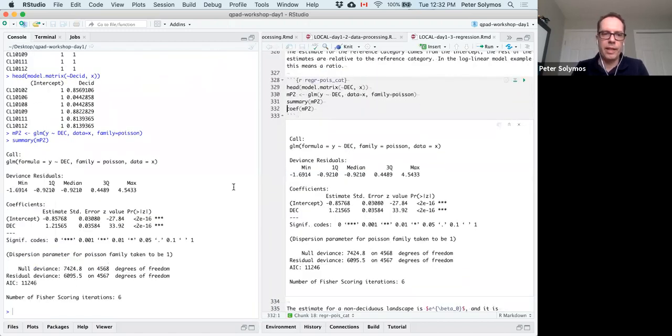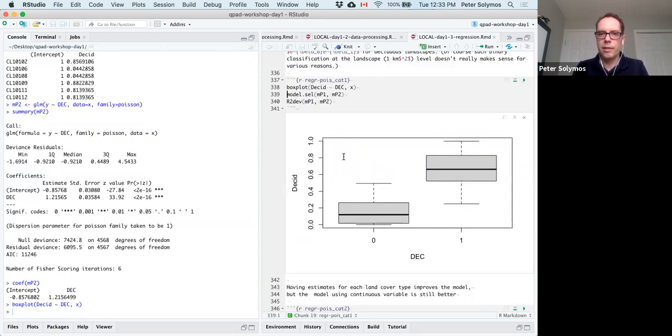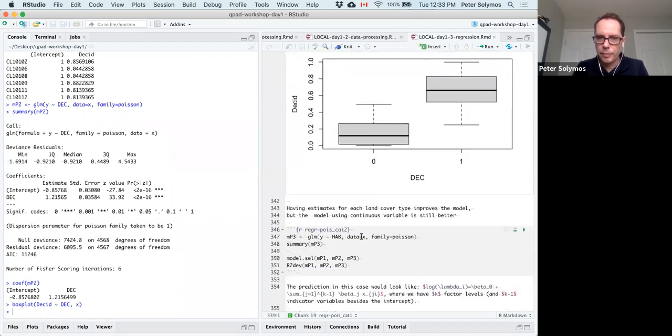Summary, again, we see it is important, but we don't see as high of an effect size as before because we're lumping it together and treating it just as a single state instead of this linear relationship. And now we can also visualize how this cut happened with deciduous and the categorical counterpart.